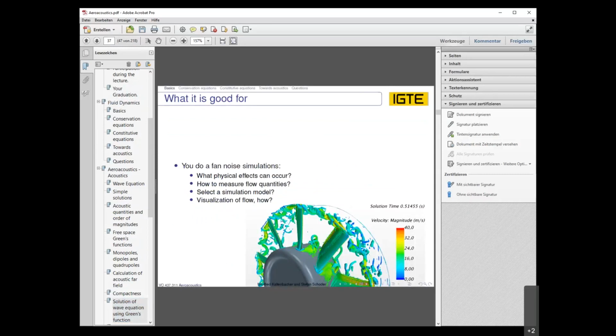Here in the graph of the fan, you find some of these vortex tubes, and this is just an illustration of what this is. So that is how we can use it during flow visualization, and to identify structures where acoustical sources are probably located and where acoustics is generated.